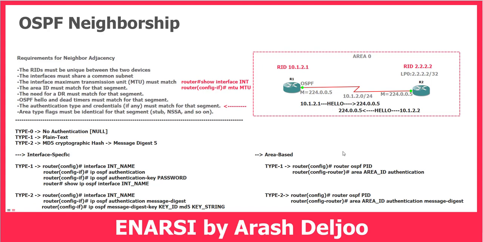But let me emphasize that if you configure on one interface an authentication type different than the authentication type that you have configured for the area, the authentication type on the interface has preference. The interface-specific command has preference over the area-based command.